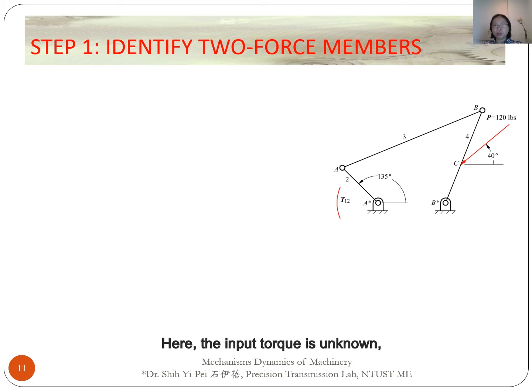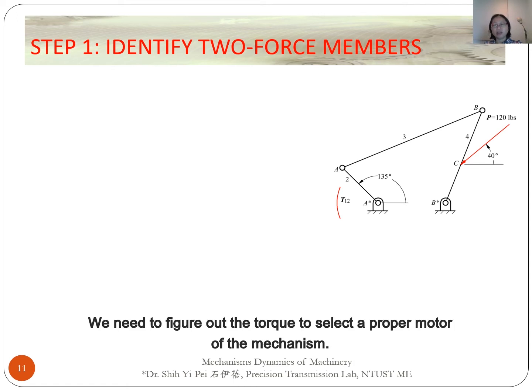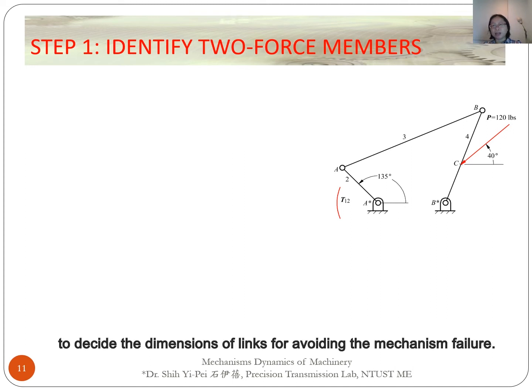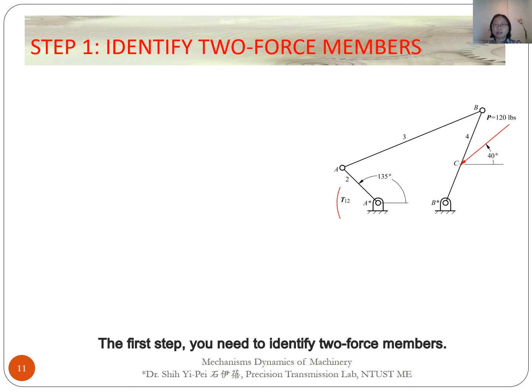Here, the input torque is unknown. We need to figure out the torque to select a proper motor for the mechanism. And the external forces acting on each component also need to be determined to design the dimensions of links for avoiding mechanism failure. The first step, you need to identify two force members.